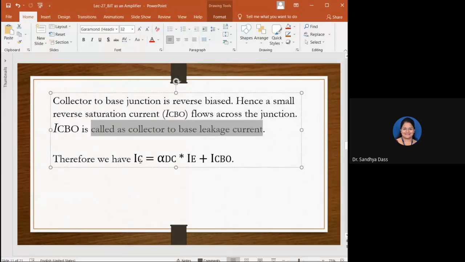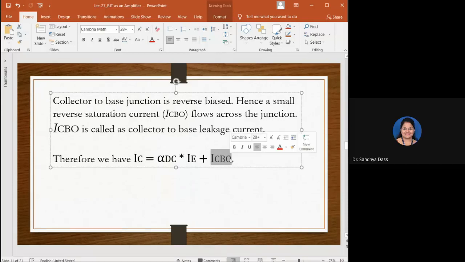So from this, we can write the total collector current, which we talk about as the output current, as alpha times IE plus ICBO. This ICBO is nothing but the small leakage current because of the reverse saturation current.